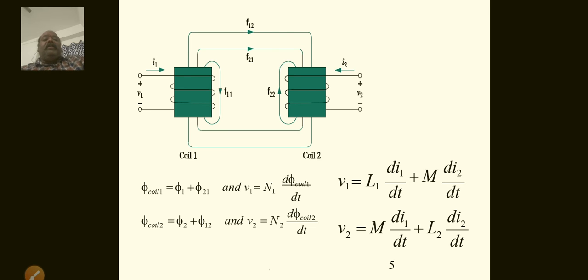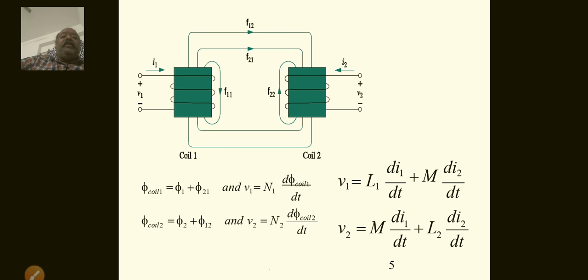So this is about V1, and similarly for coil 2, phi coil 2 is equal to phi 2 plus phi 12. Similarly, whatever we did for coil 1, the same. So V2 is equal to N2 d phi coil 2 by dt. Therefore V2 is equal to M di1 by dt plus L2 di2 by dt.